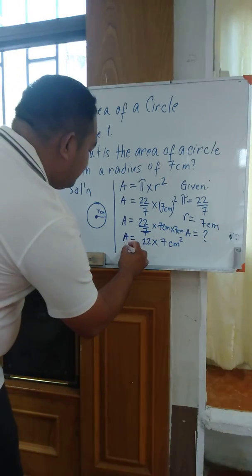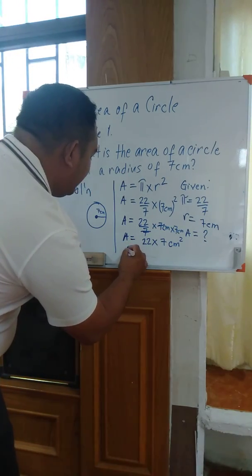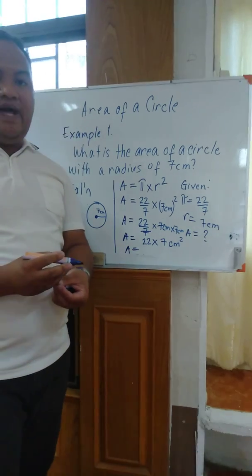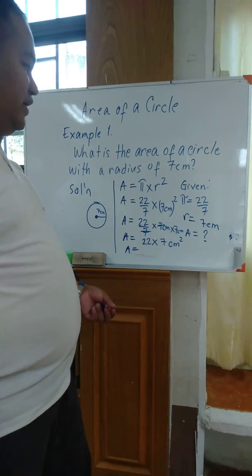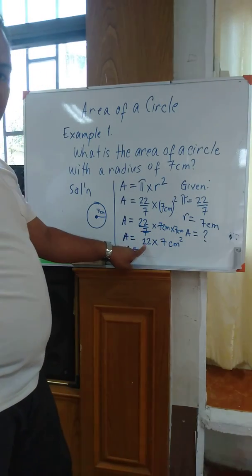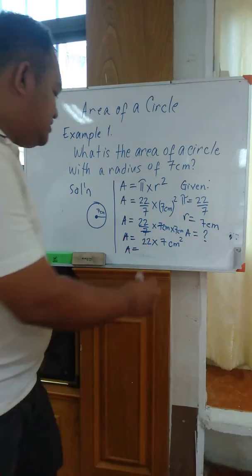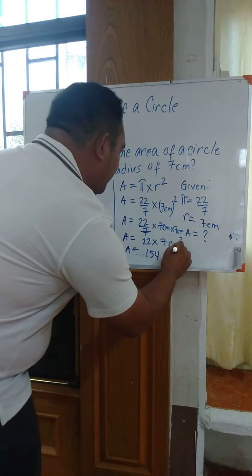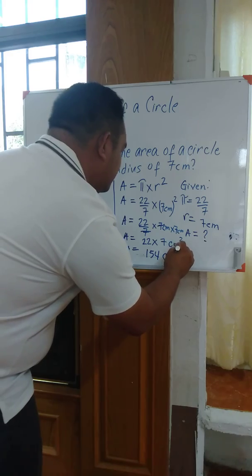And then we can now get the area of the circle by directly multiplying the remaining given. So 22 times 7 is equal to 154 centimeter squared.